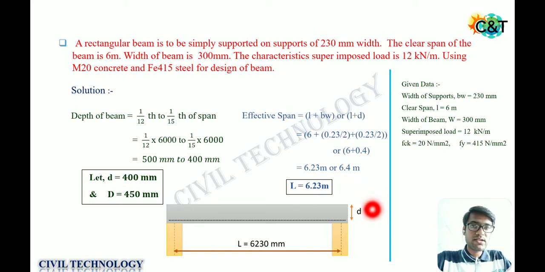And the effective span is mostly the center to center distance, from the width of support on both sides plus the clear span of the beam.